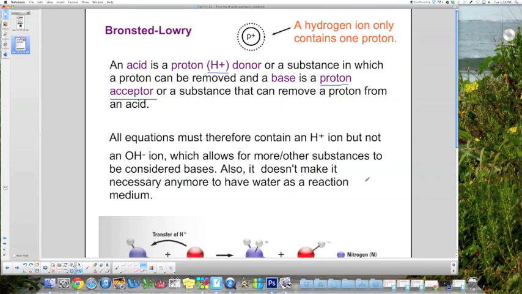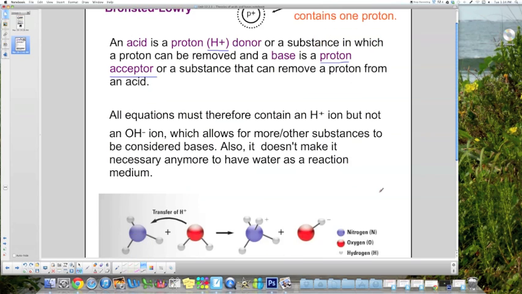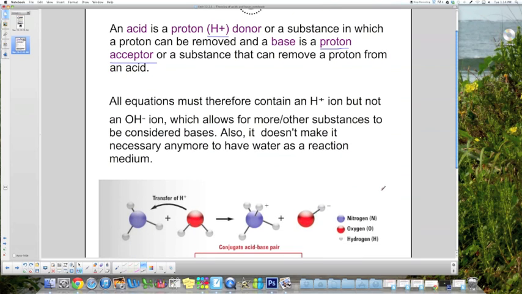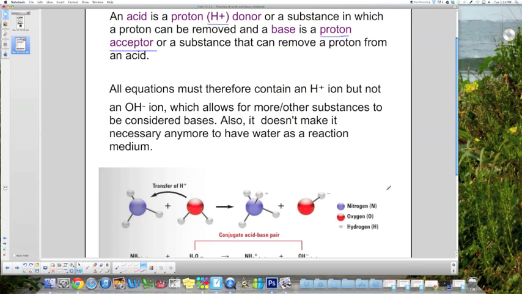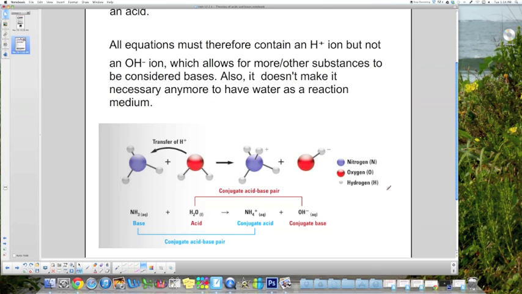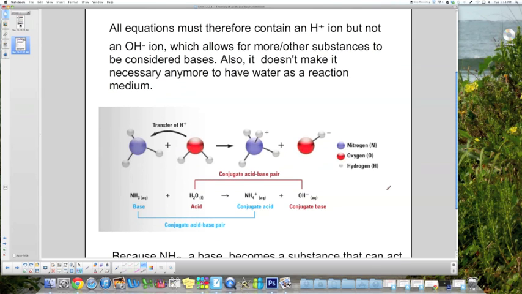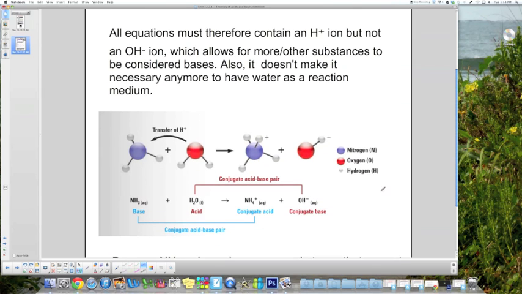This theory takes into account the fact that bases don't always contain an OH, and it can also explain how certain neutralization reactions do not occur in an aqueous medium. We have an example here of a reaction that does not involve a typical acid and base as we know them, and that does not happen in a water medium. Actually, there is water involved in this reaction, but it's a reactant. It's not only the medium.